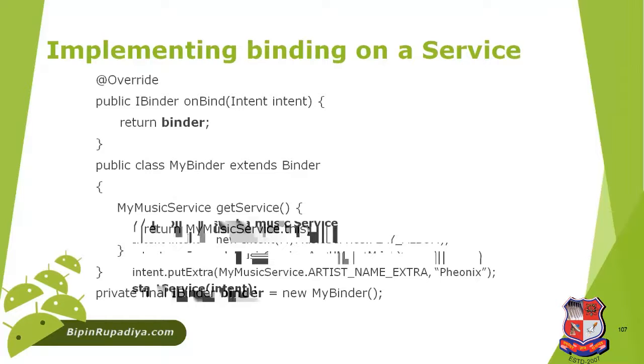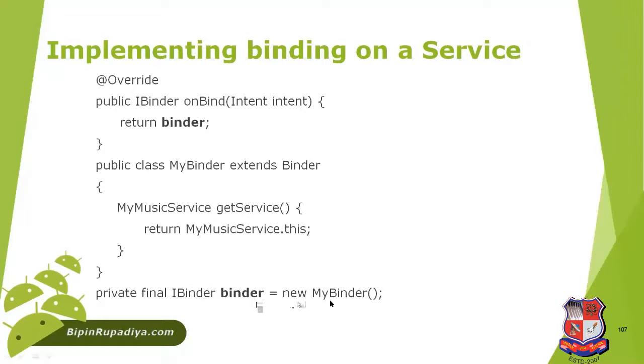So where does it come from? Just see that we have created one object of IBinder at the end of this example: private final IBinder binder equal to new MyBinder. Now what is MyBinder? It extends the Binder class. The Binder class is basically used to bind your service to the targeted component. Within that we are writing one method whose return type is MyMusicService.